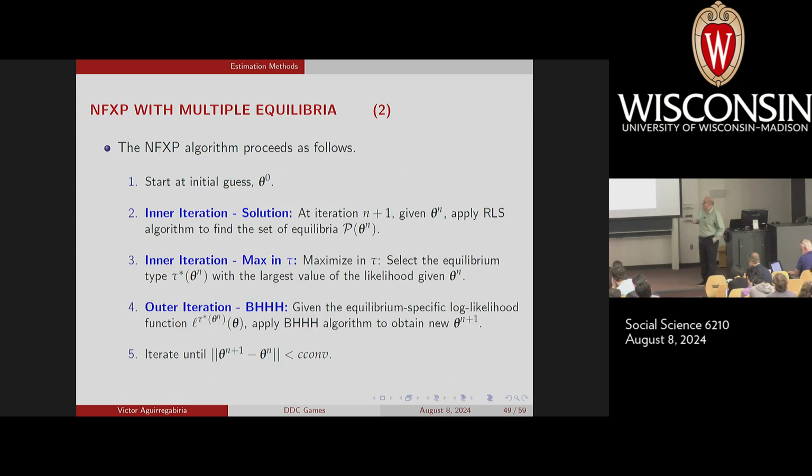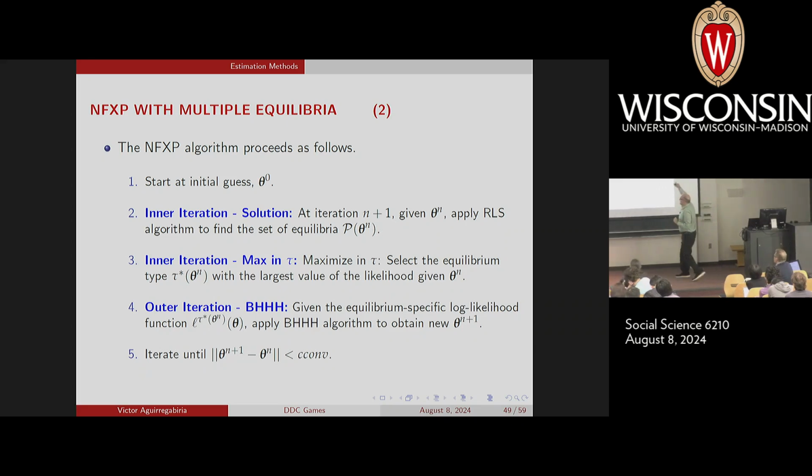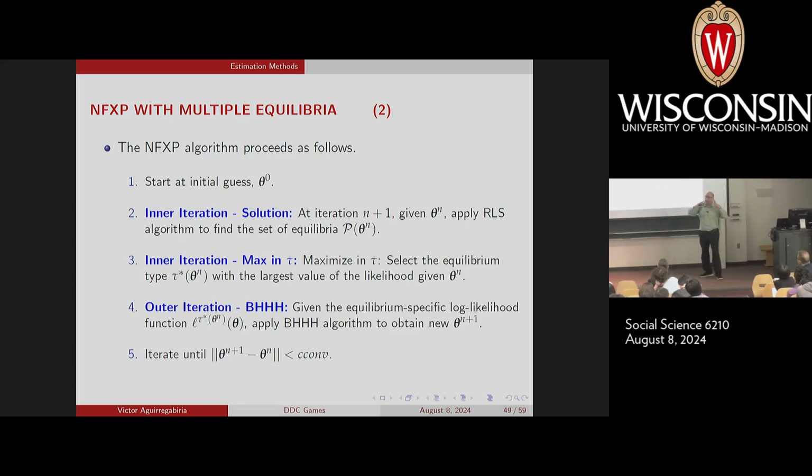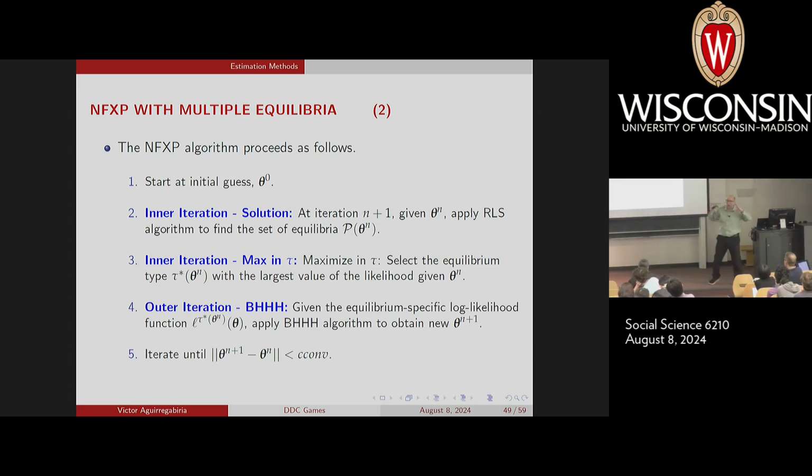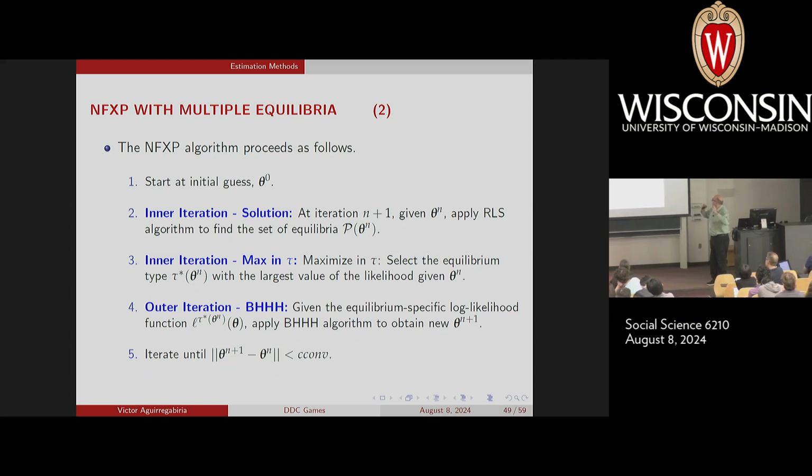Then how do we implement this nested fixed point algorithm with multiple equilibria? It's a very straightforward extension of the standard nested fixed point. We start with an initial guess of the vector of structural parameters, and then the inner loop of the nested fixed point algorithm now has two parts.